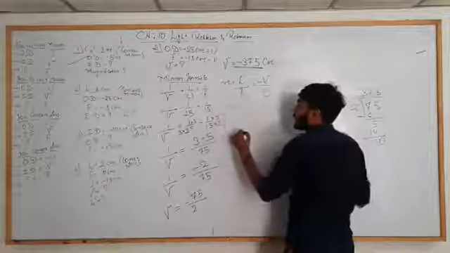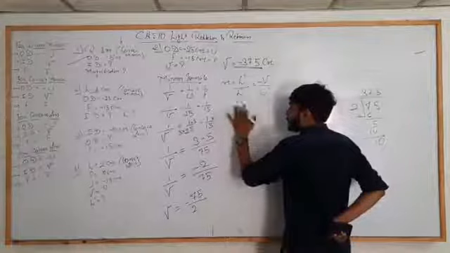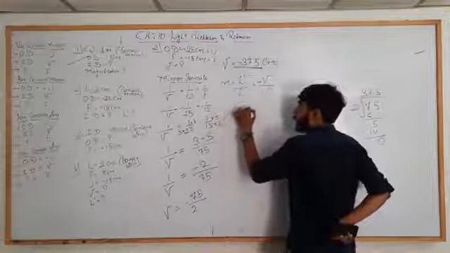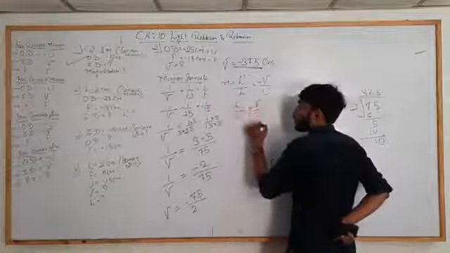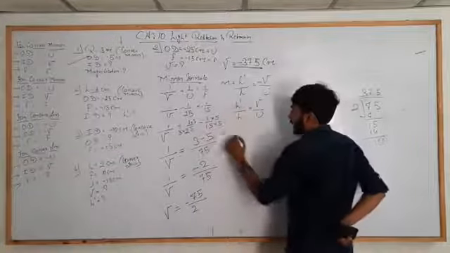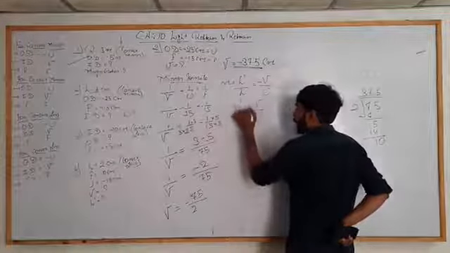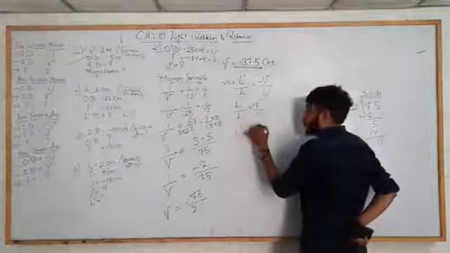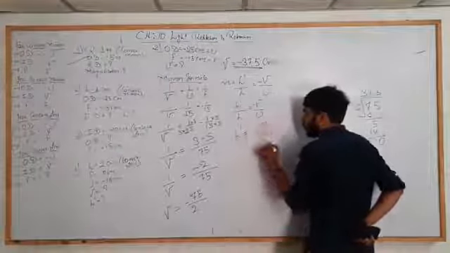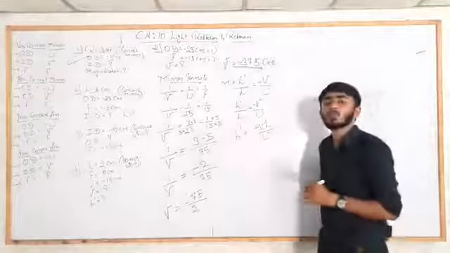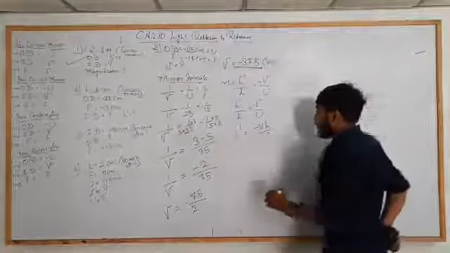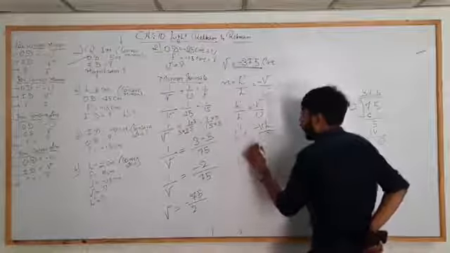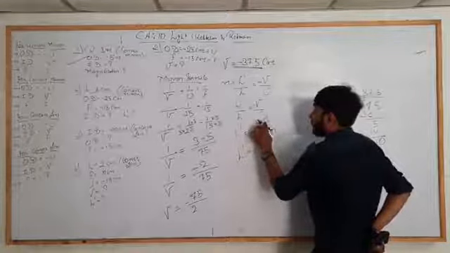So magnification becomes what? We can write h prime upon h is equal to minus V upon U. What we need to find is h prime. And so h prime becomes minus V h upon U. So h prime will be what? Minus V. V is what?